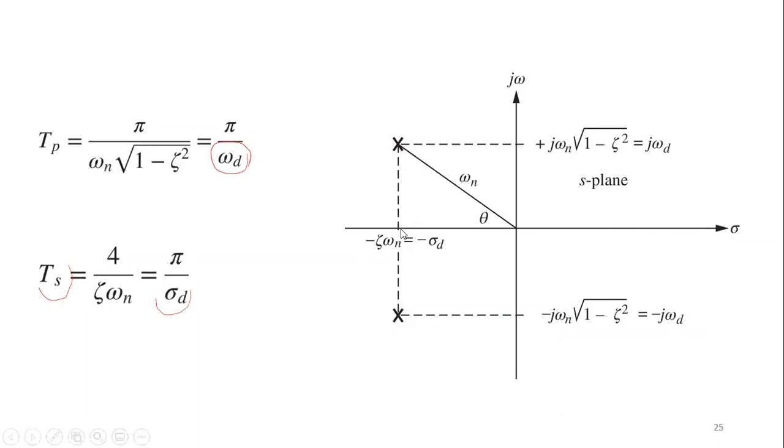This is from the poles' location. So if you have the poles here, you can use these formulas to find and estimate TP and TS.